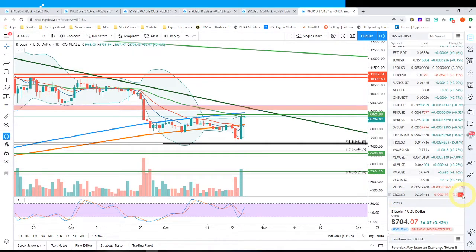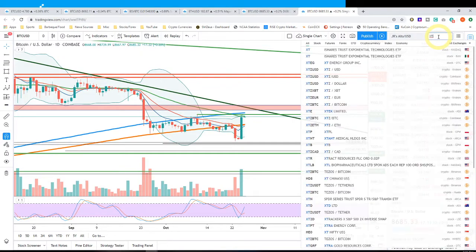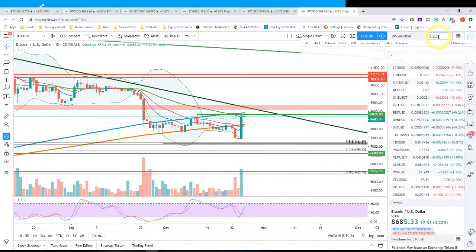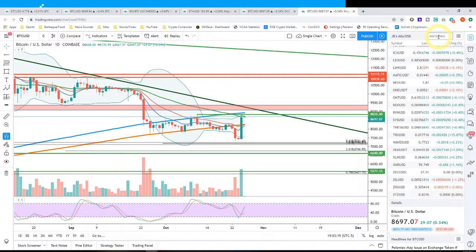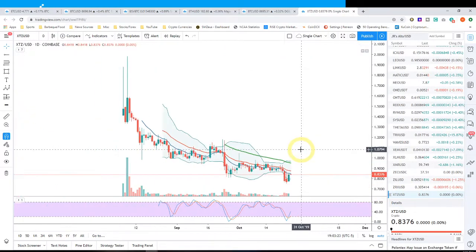Wait a second. What is XTZ? That's not pulling up. Hang on. XTZ. USD. Oh, there it is. All right. Got it. There we go.